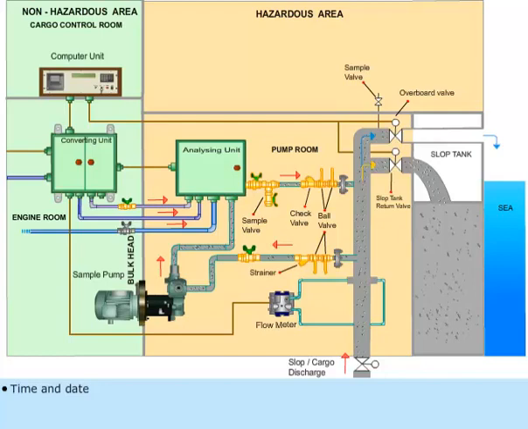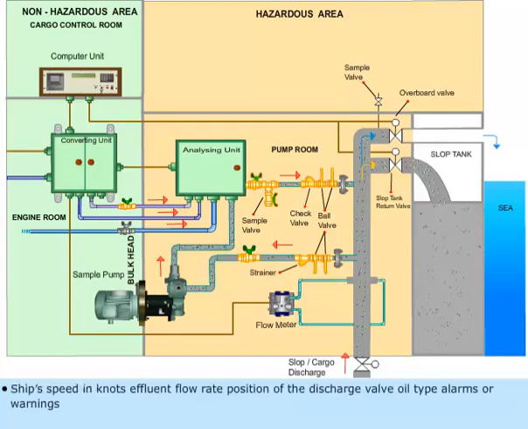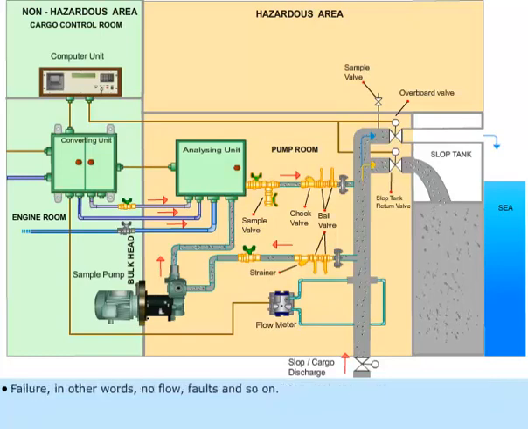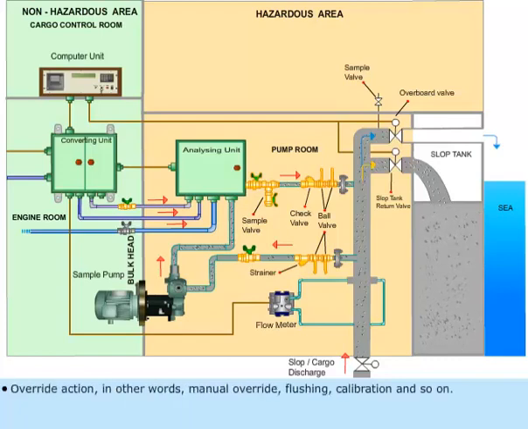Time and date. Ship speed in knots, effluent flow rate, position of the discharge valve, oil type, alarms or warnings. Failure, in other words, no flow, fault, and so on. Override action, in other words, manual override, flushing, calibration, and so on.